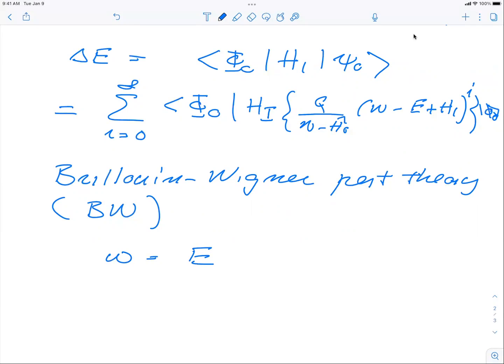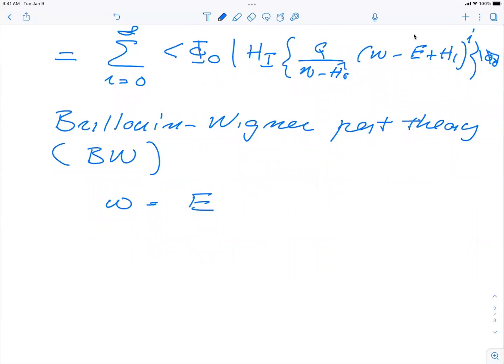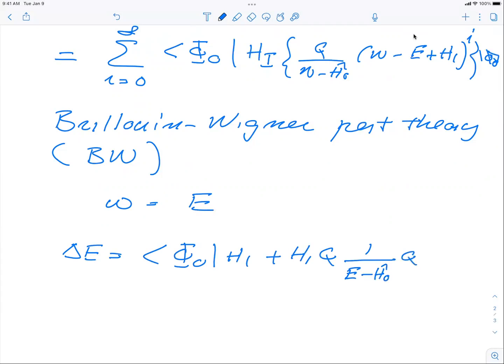But let's rewrite these equations a little bit. If we write them out, this delta E is the following. We have phi 0, and then H1 plus H1 multiplied with this operator Q, and then E minus H0 multiplied with Q multiplied with H1.